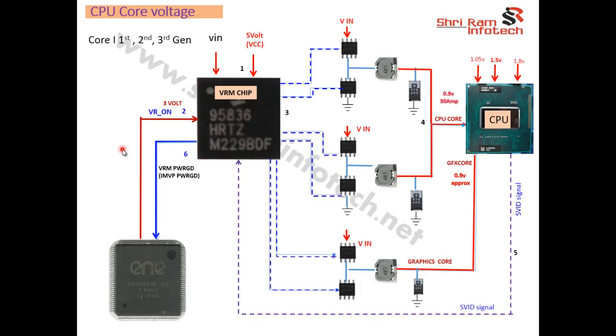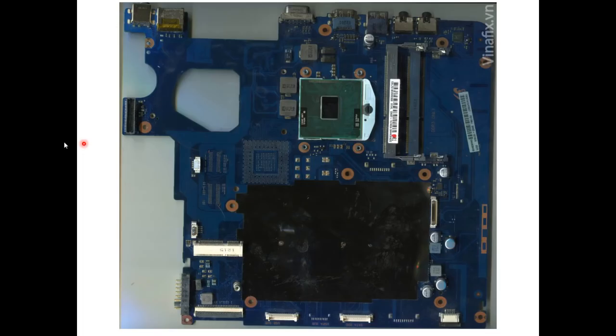Now we'll see how to find the problem if the core voltage is not coming. If you have a motherboard in which the CPU core voltage is not coming, then first of all we'll see where you have to check the voltages. Suppose you have a motherboard like this, and here you can check the CPU core voltage at this coil, and the graphics core voltage at this coil.